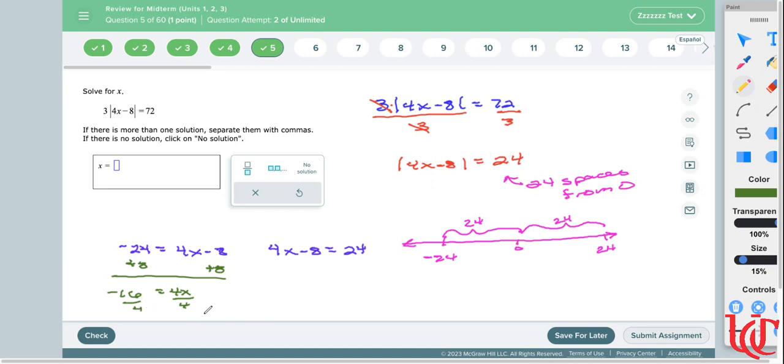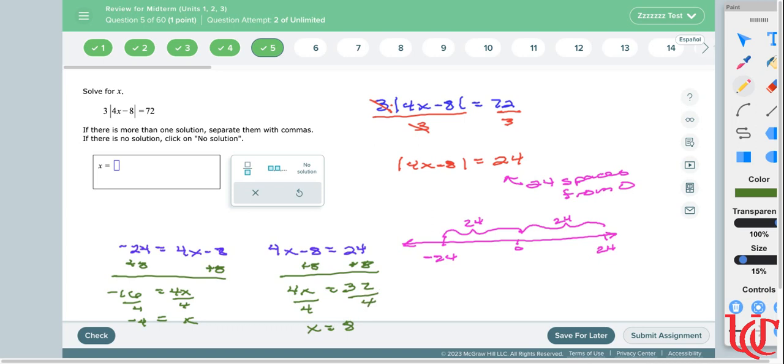And you get x equals negative 4. All right, solving this one, add 8 to both sides. And you get 4x equals 32. Divide by 4. X equals 8.